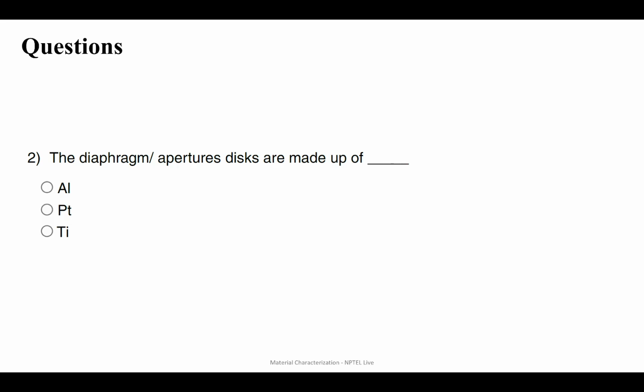The diaphragm or aperture discs are made up of dash: aluminium, platinum, titanium.